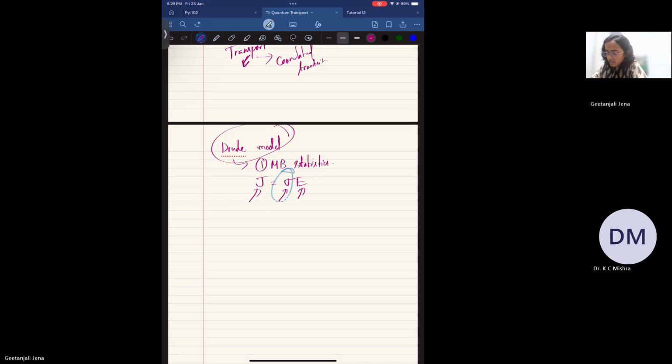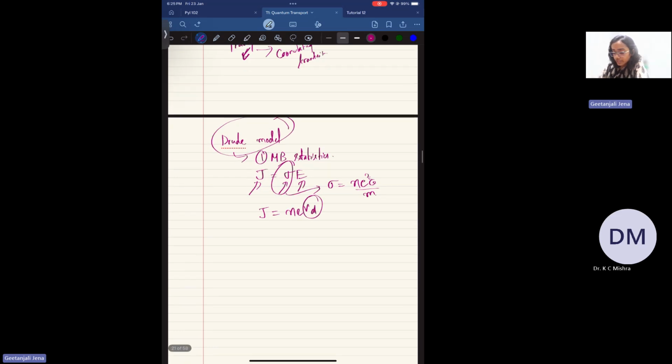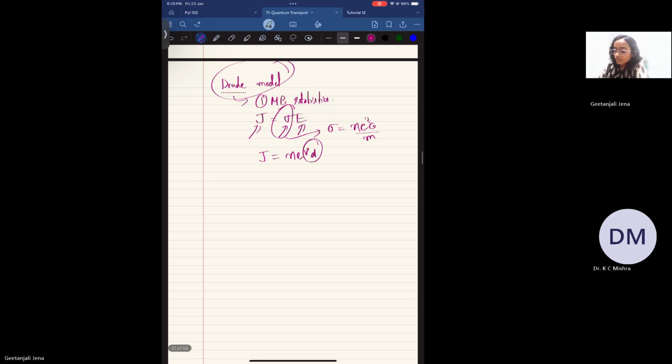And these are a few of the relations that we have seen also. Conductivity is related to the relaxation time as n e square tau by m. Or you can also write J as n e v_d, in terms of the drift velocity.